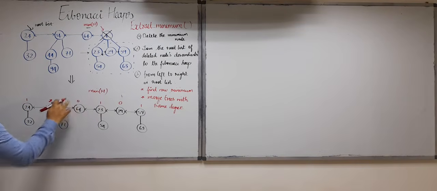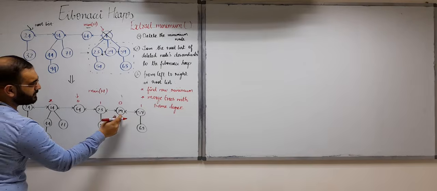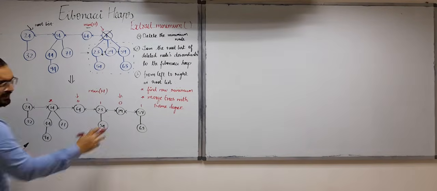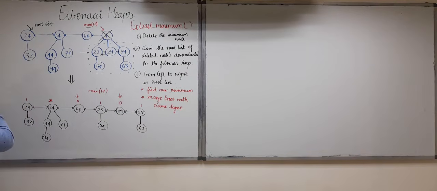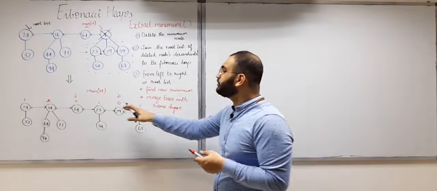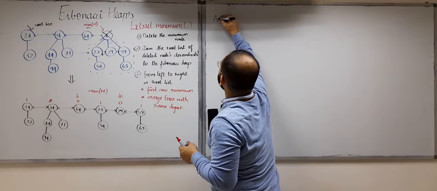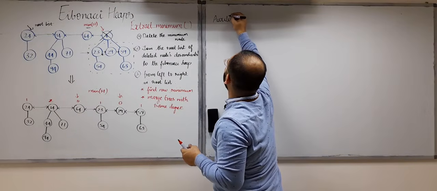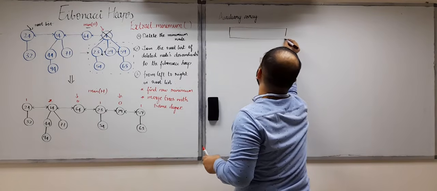Like as you can see over here, the 0 degree node has to be merged with this 0 degree node. Am I right? How will this node know that there is actually a 0 degree node behind me? In order to keep track of this, we actually need some kind of storage, right? So we store this information in what is called an auxiliary array. Auxiliary array will store pointers, okay?